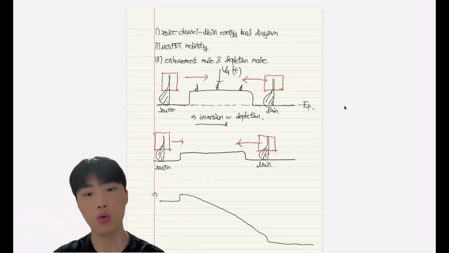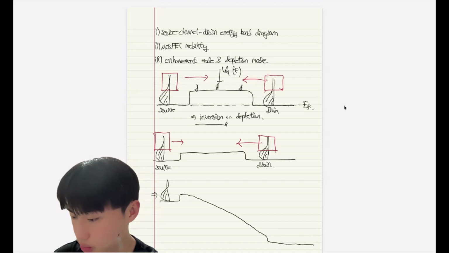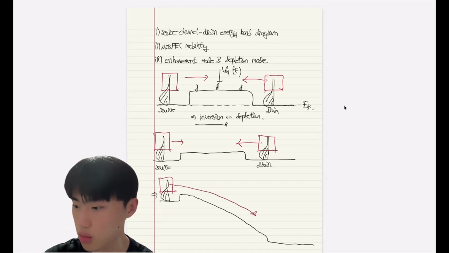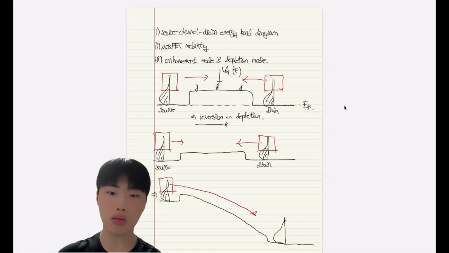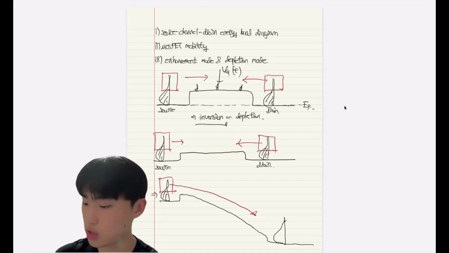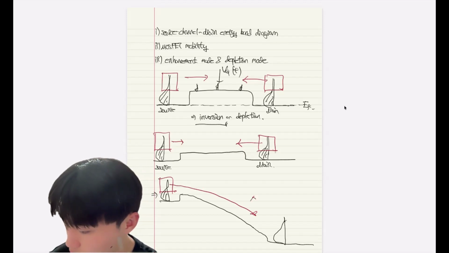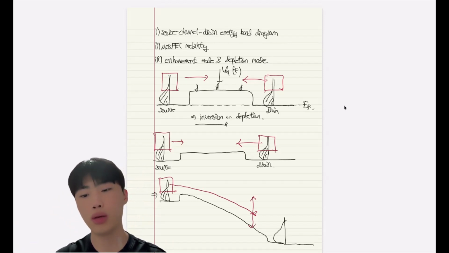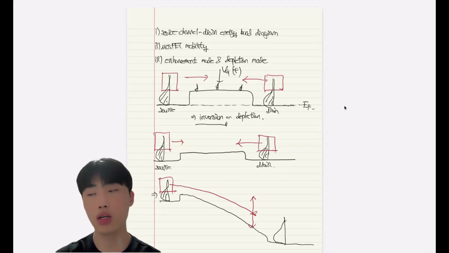Now the current can flow, because the source part of this Boltzmann tail will go to the drain. But no electrons from the drain can go over to the channel and on to the source, because the barrier will be very high for the drain's carriers.